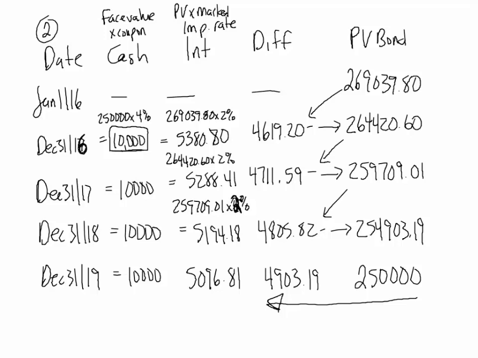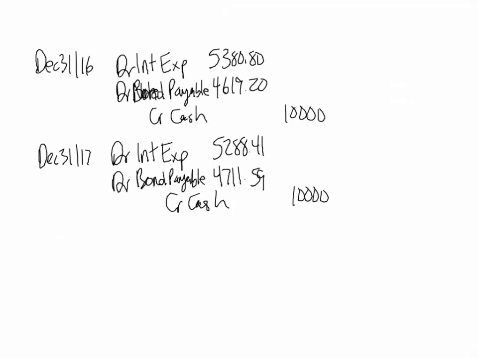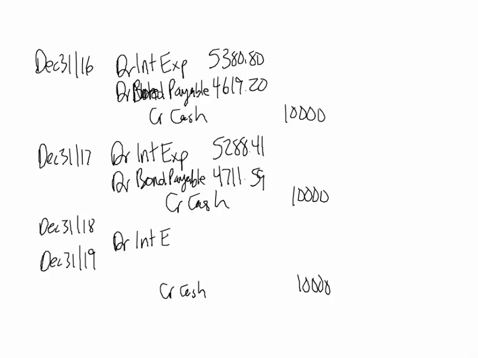So what is our entry at December 31st, 2019? Don't forget, I'm missing December 31st, 2018. Please be aware of that. I didn't put it down, but I'm moving on to December 31st, 2019. What am I going to do? I'm going to do a credit to cash of the $10,000. I'm going to do a debit to the interest expense of 5096.81.